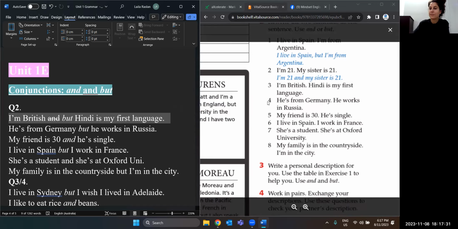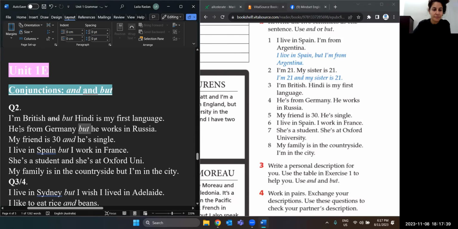Number 4: he's from Germany. He works in Russia. If I said and, it's only he's from Germany and he lives in the mountains and he speaks very good German and he enjoys traveling.